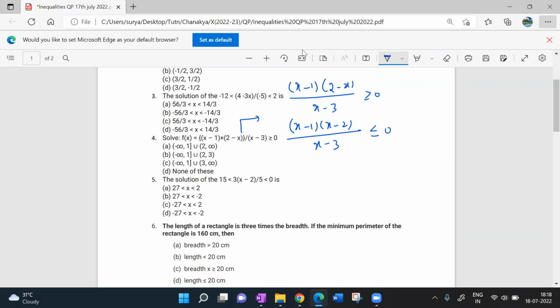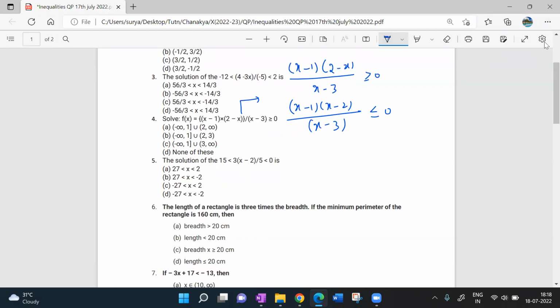Since the coefficient of x is negative, I made it positive by taking minus common, or multiplying with minus on both sides. Correct? Any doubts? No, sir. So now just plot on the number line: 1, 2, 3, minus infinity, plus infinity. I need plus, minus, minus.